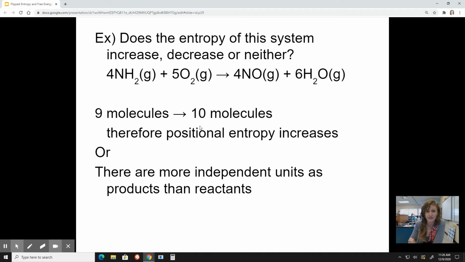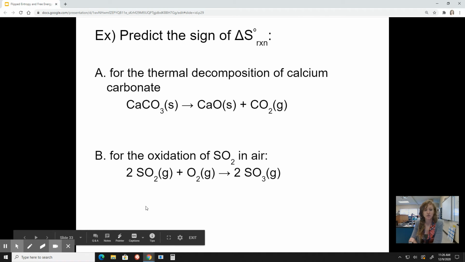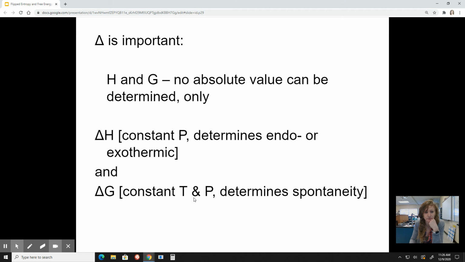You'll have more positions available with 10 molecules rather than 9. And so therefore the entropy is also going to increase. Okay, we've done a couple of these already. We'll do a couple of these together once we get back live. We'll do this as live practice.